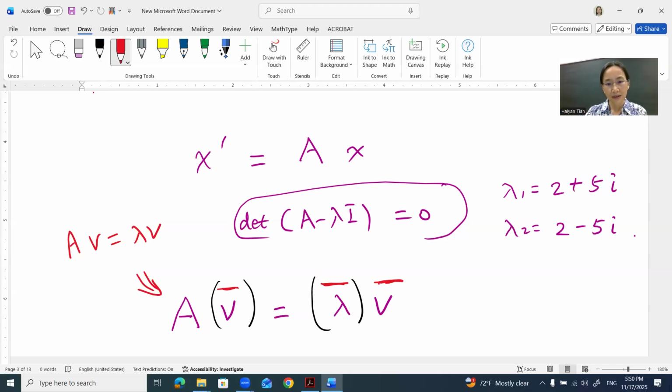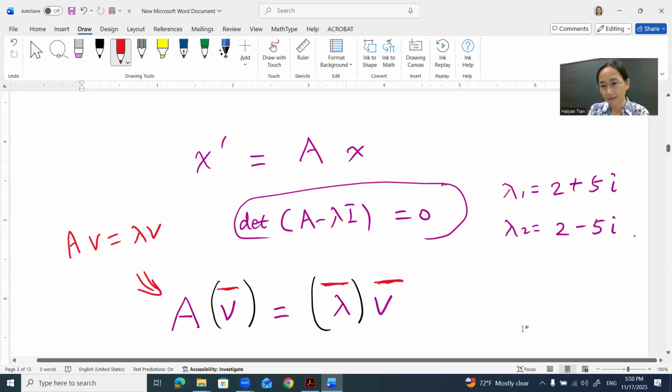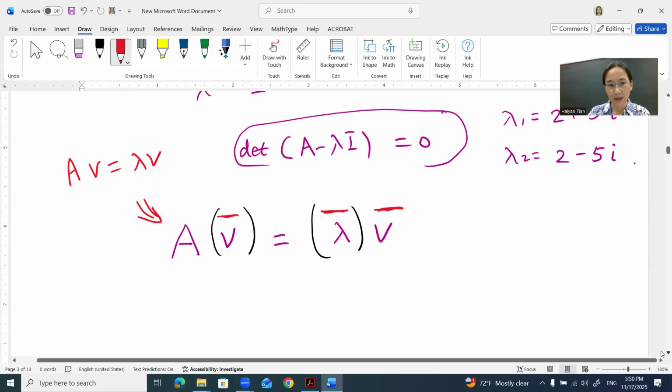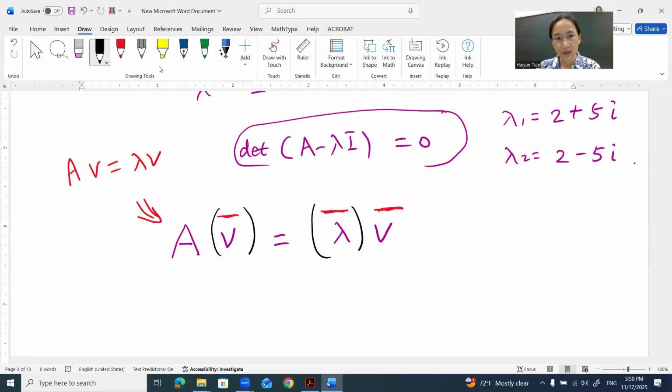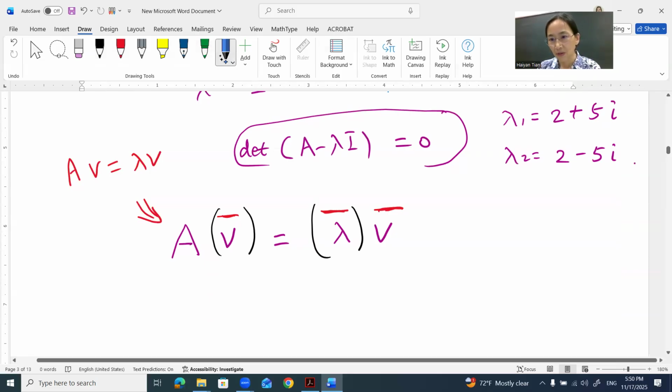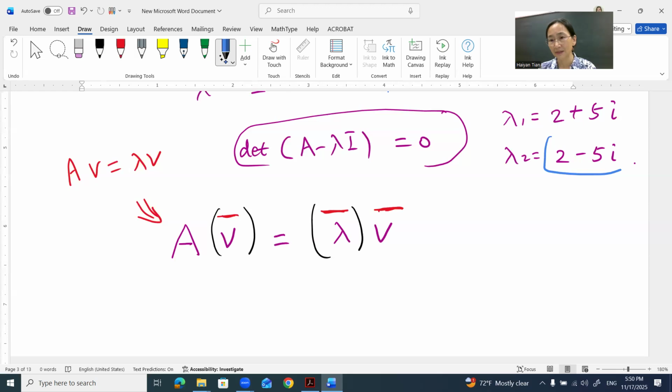That conclusion reveals a fact: whenever you have found one complex eigenvalue, then its conjugate is also a complex eigenvalue. Just to prove that.